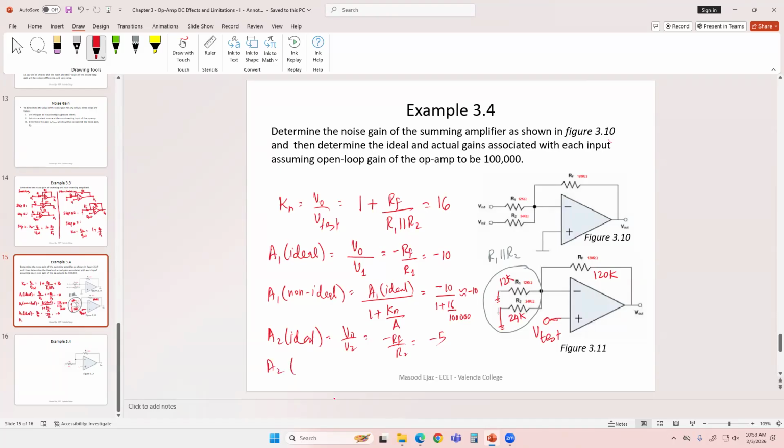And A2 non-ideal is going to be approximately the same: A2 ideal over 1 plus Kn over A, approximately equal to negative 5.